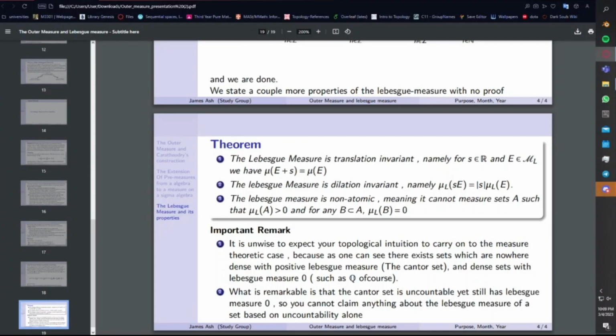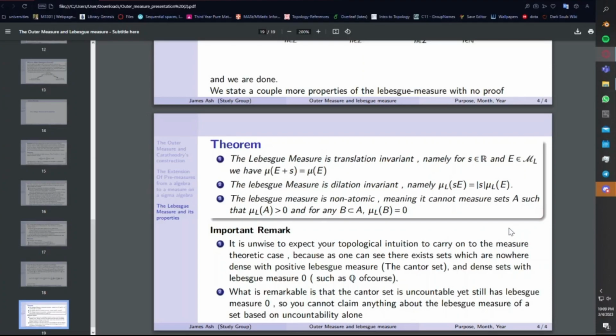Cool. As well, there are dense sets. Dense in a topological way, they're pretty big sets, and they can have measure 0, such as the rationals Q, of course. What's also remarkable, which one might think about: can we use cardinality to determine if a set is going to have a certain measure?